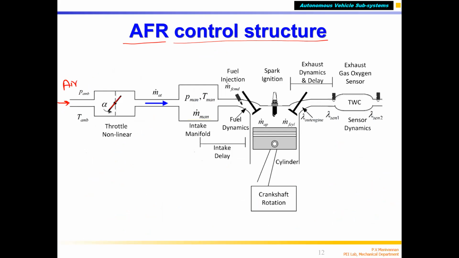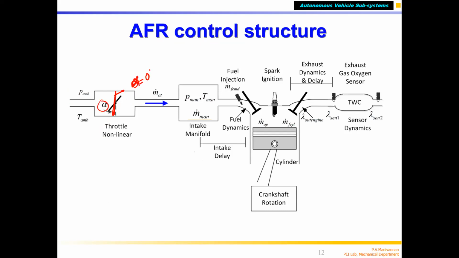This is the throttle, correct? The throttle can open to this angle, the throttle angle alpha, correct? This varies from 0 to 90 degrees. 0 degrees means it is completely closed, something like this. This is 0 degrees, alpha equal to 0 degrees.